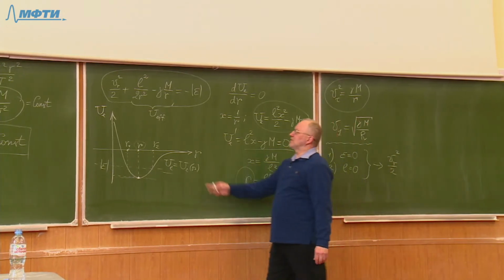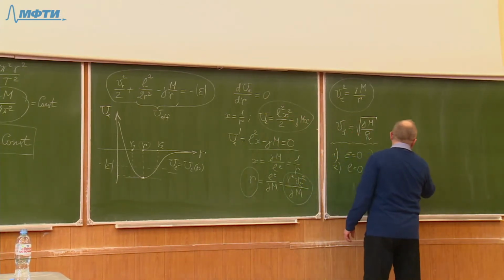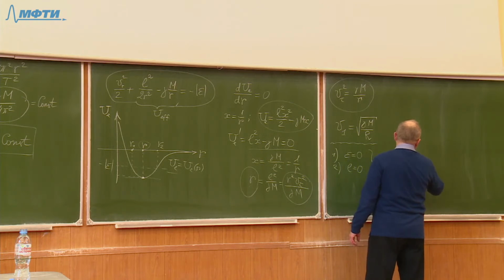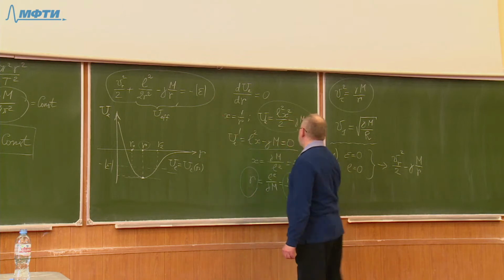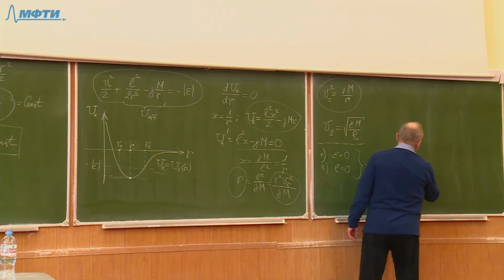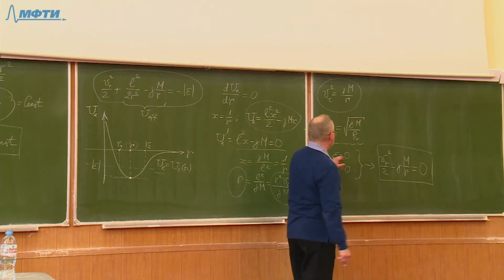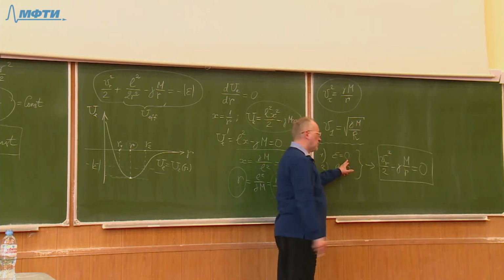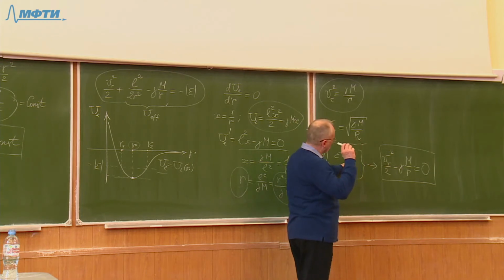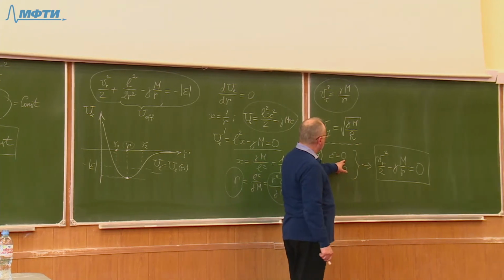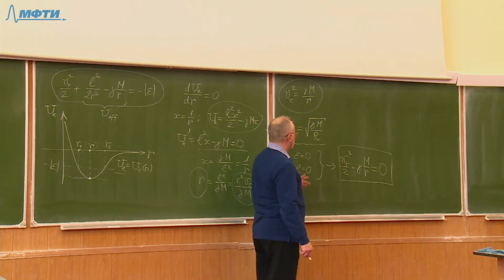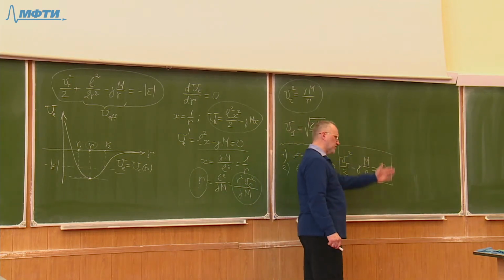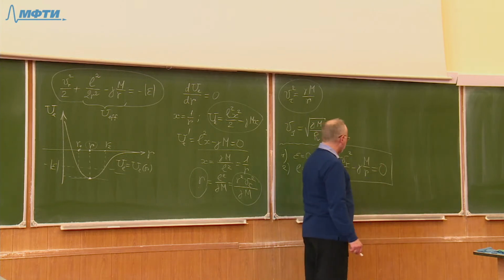The second term is 0. Then we will have minus gamma capital M divided by r. And the last epsilon is 0. So that will be the condition for such a motion with 0 energy, that is to move to infinite distance, and with 0 angular momentum, which means that we choose to move away along a straight line.